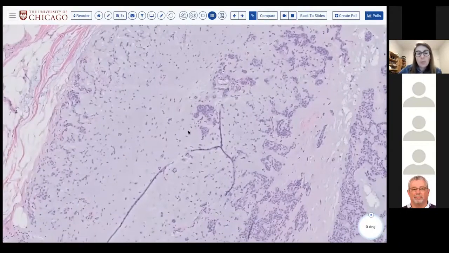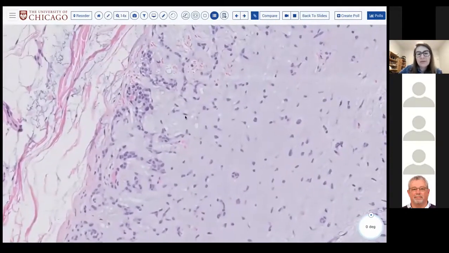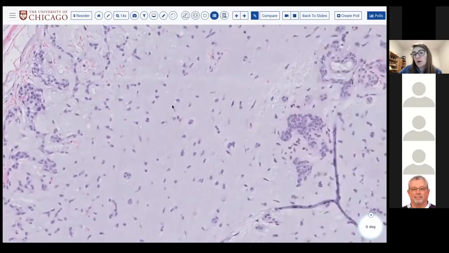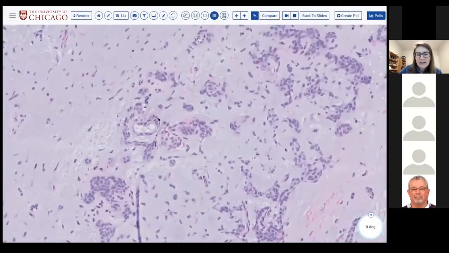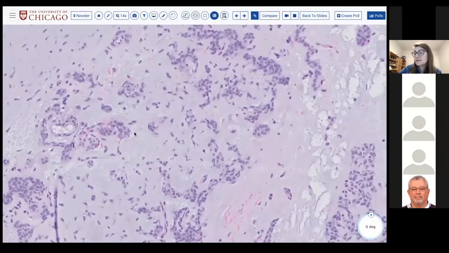One can argue, well, if these cells are myoepithelial and there's myxoid stroma, why is this not a myoepithelioma? And some might argue, well, there are occasional eosinophilic epithelial cells forming ducts. So the presence of any duct type of structures will then push this into a pleomorphic adenoma, which is biphasic.